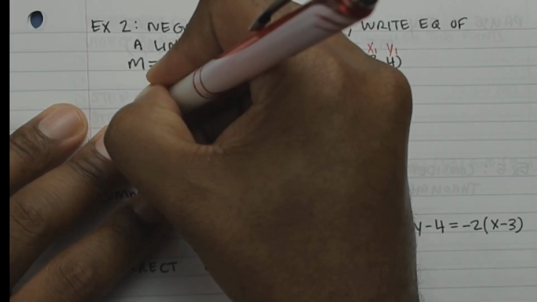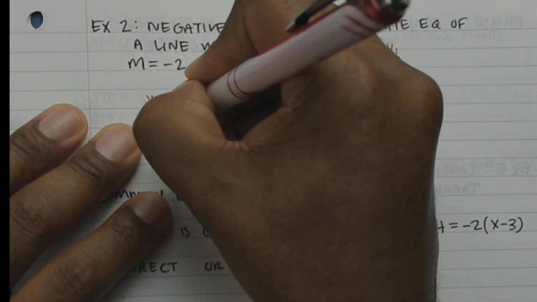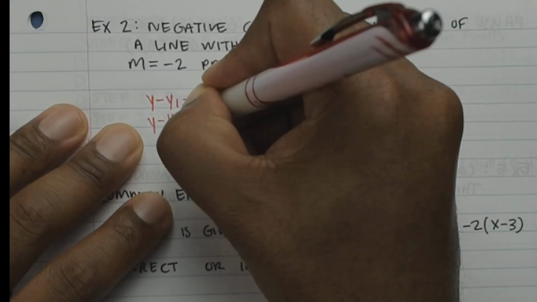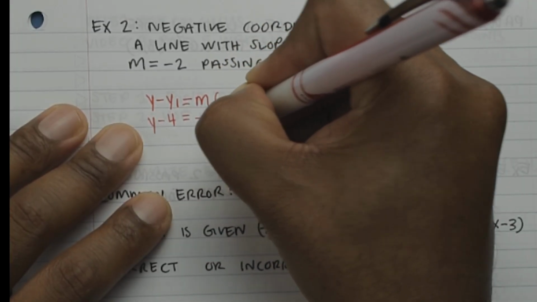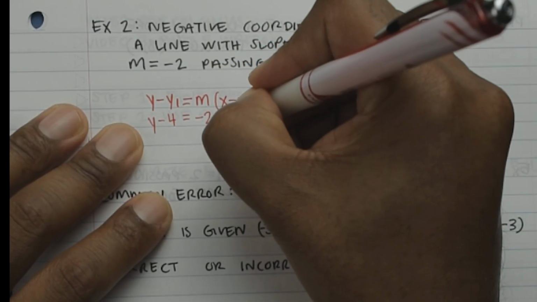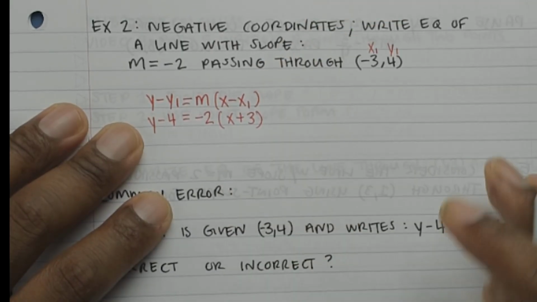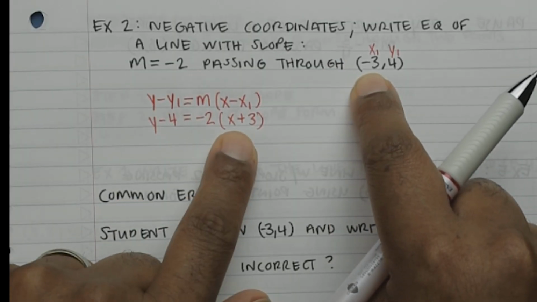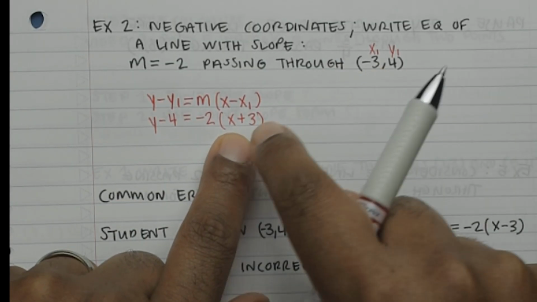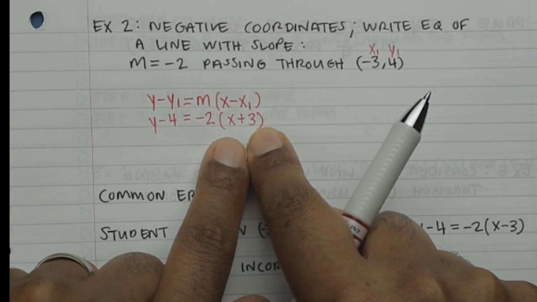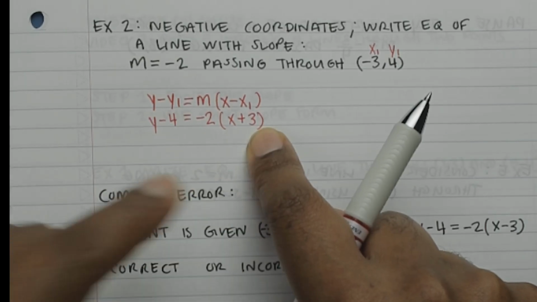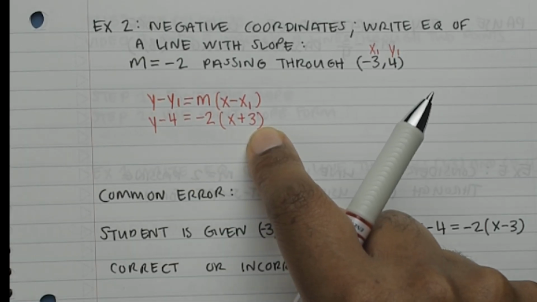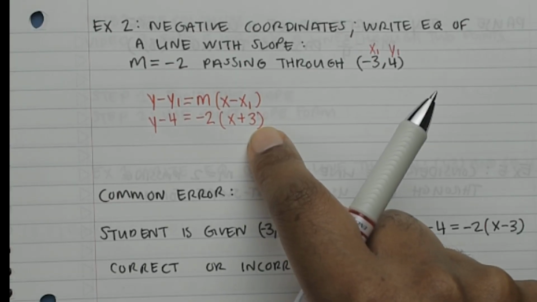So we have y minus 4 equals negative 2(x plus 3). Notice it was already subtraction, so a double negative is the reason why I made this a positive here. So be careful, because subtracting a negative becomes addition.